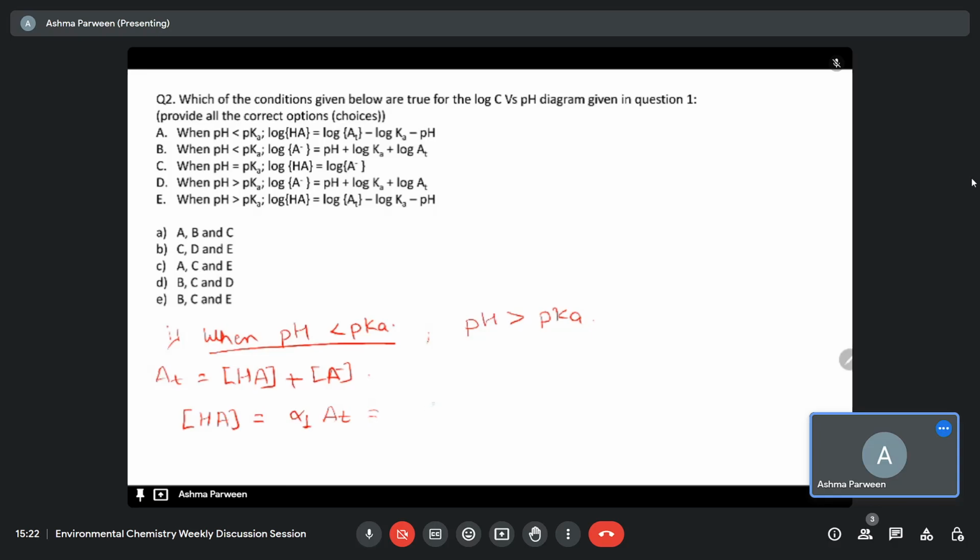So we know that alpha 1 is given as the concentration of H plus upon the concentration of H plus plus Ka, and At, let it be At because options are given in terms of At. And similarly we can find the concentration of the deprotonated form as Ka upon H plus plus Ka into At. So we have two equations, equation 1 and 2.